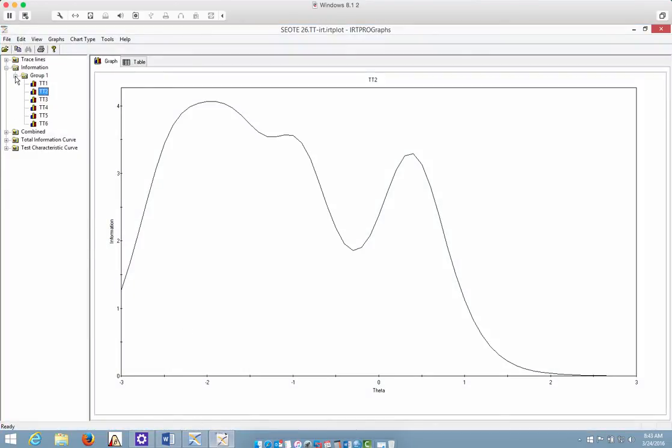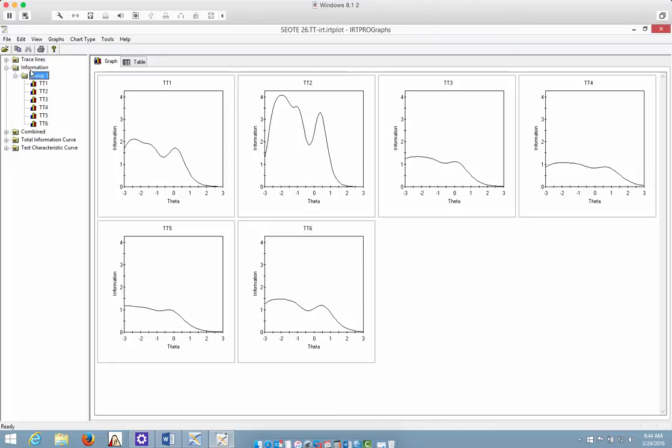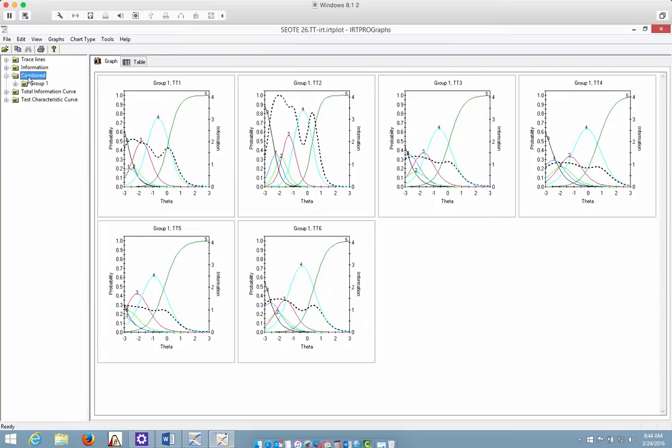And so we can look at these by group, and I think it would also look at the combined. So this gives us not only graphs that represent the category characteristic curves for each of the responses for each item, but it also superimposes the item information function or curve on each one of those items.